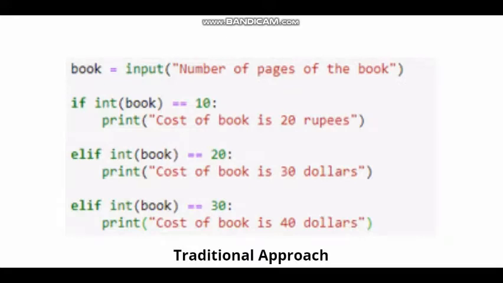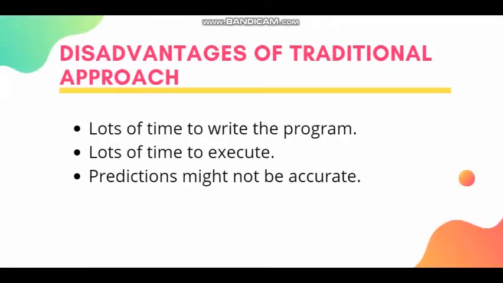Now but there are many disadvantages of traditional approach. Let's take a look at those disadvantages. Disadvantages of traditional approach are, it will take lots of time to write the program. Let's just say you have to write many if statements in your program. Then in that case, it will take lots and lots of time to write the program.